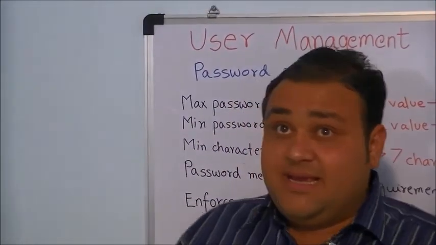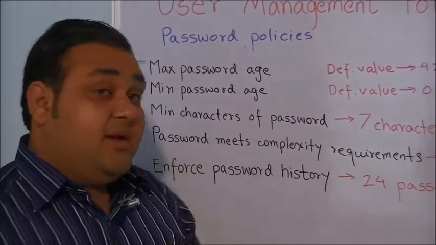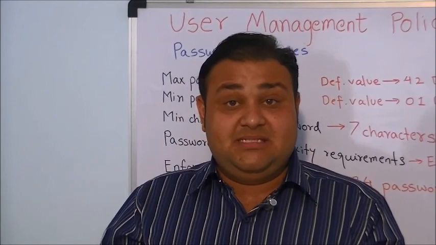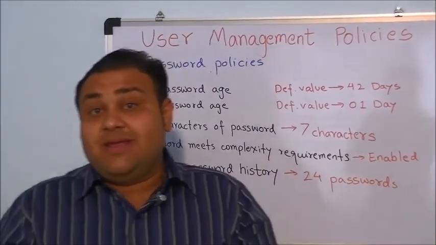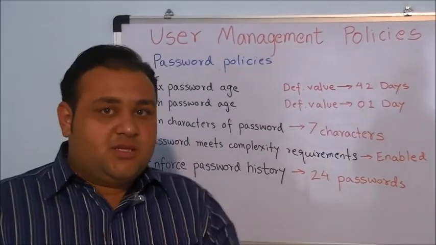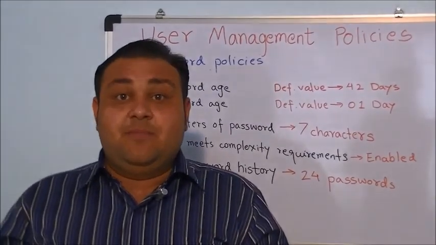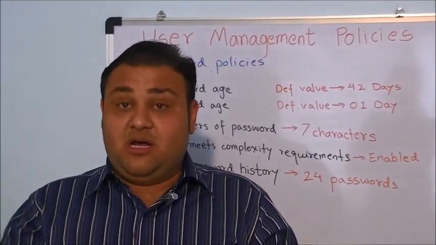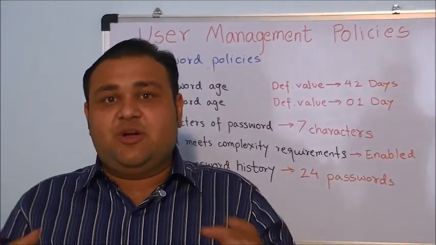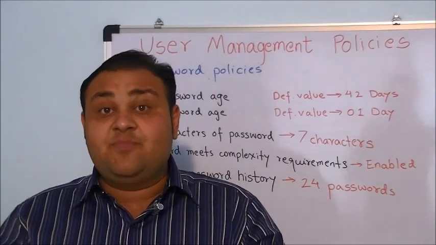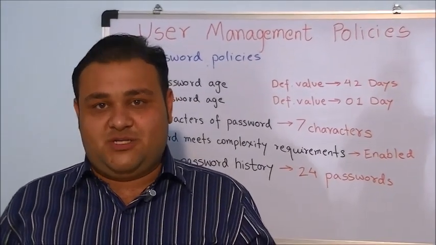If we say that the password should meet complexity requirements, it means that the password should be complex enough so that nobody can guess it. The default policy says that a password should have alphabets, numbers and a special character. A combination of all these 3 types of characters forms a complex and strong password.